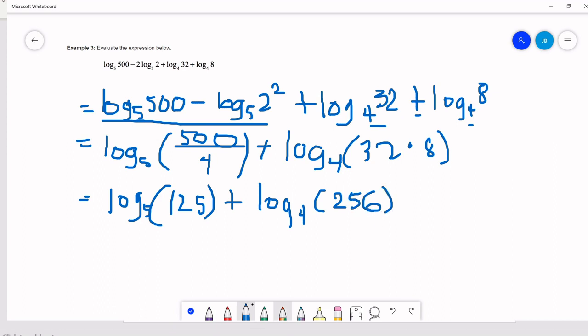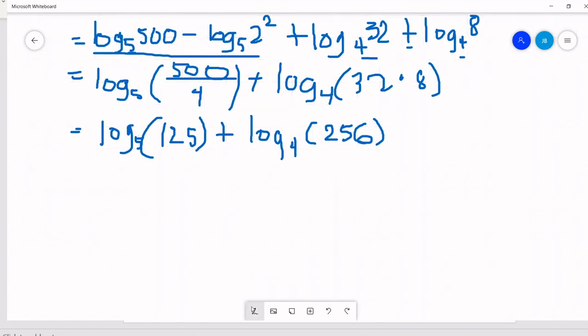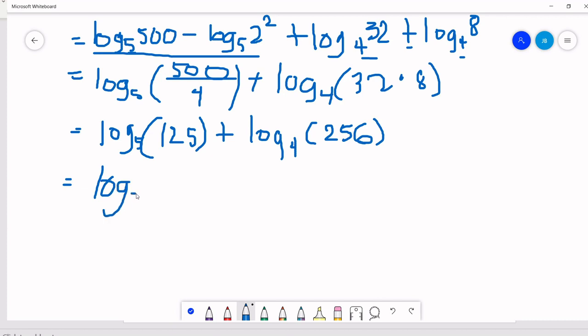Okay, is this your final answer? Not yet. We were not able to simplify it yet. So this is equivalent to log 5. What should we do to simplify 125? Let's try 5 cubed. 5 times 5 is 25, times 5 is 125.